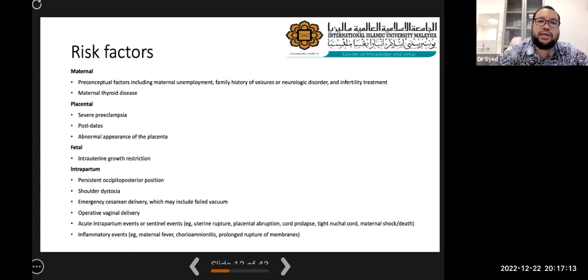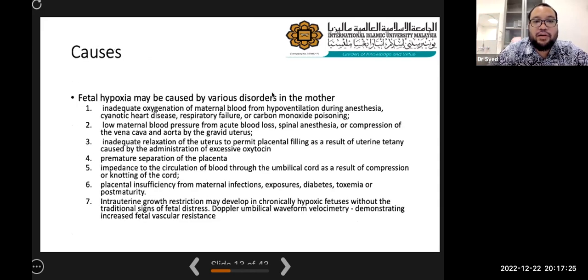Preeclampsia, post-date, abnormal placentas. IUGR is a known cause of hypoxic ischemic babies as well, and others. Okay, we're not going to go there as I've mentioned before. So there's a lot of things. Umbilical cord punya problem, such as knotting, cord presentation.